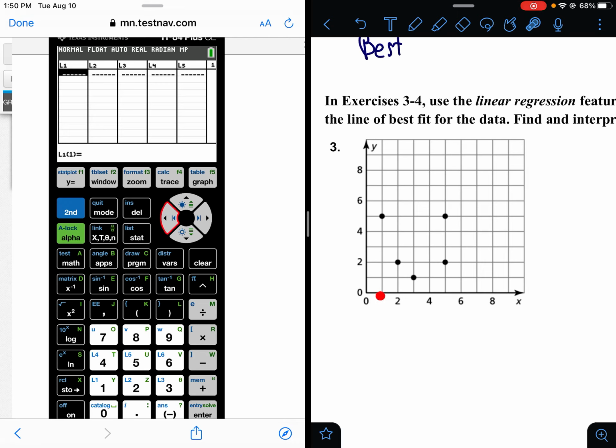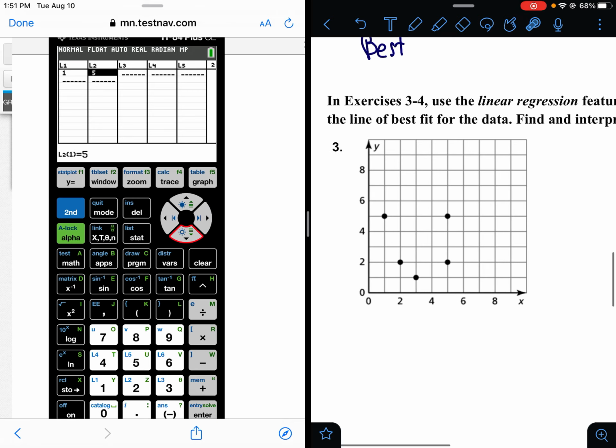So the first point that is over here looks like it's 1 and 5. And then I have right here 2, 2. And then I have right here 3, 1. And then this one is 5, 2. And the other one's 5, 5.